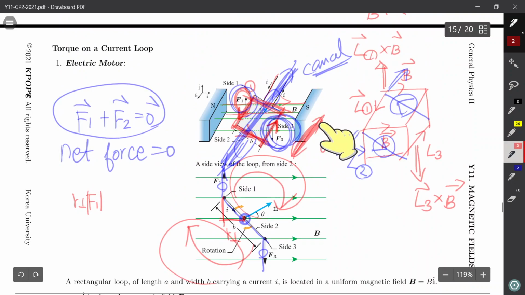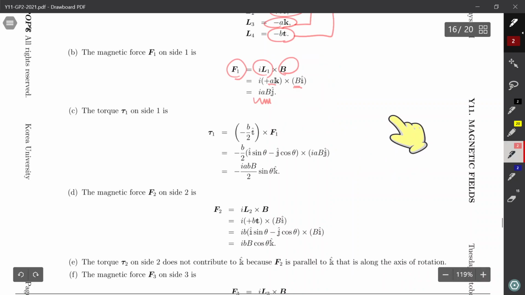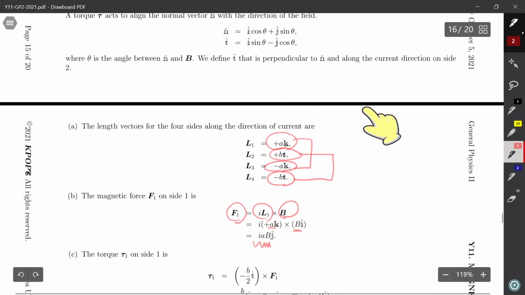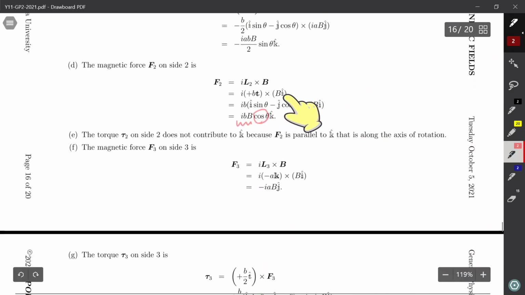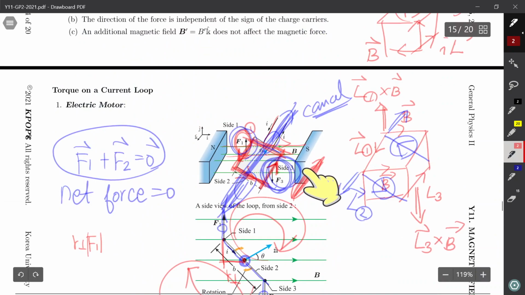This is the width a. F2 is I b B, but there is a cosine theta. However, we do not have to worry about it because it cancels with F4, as we have seen.